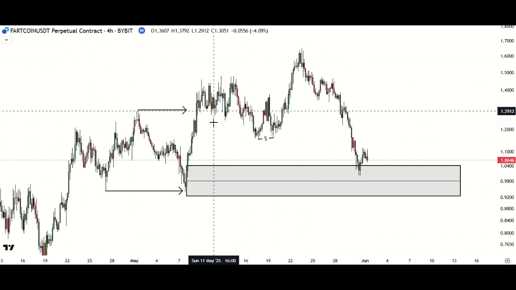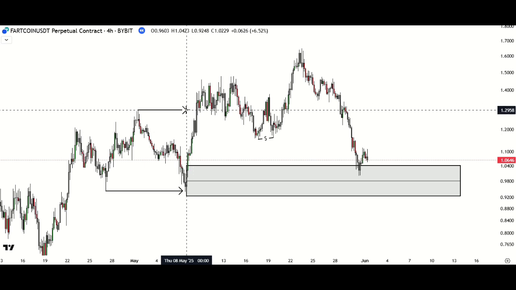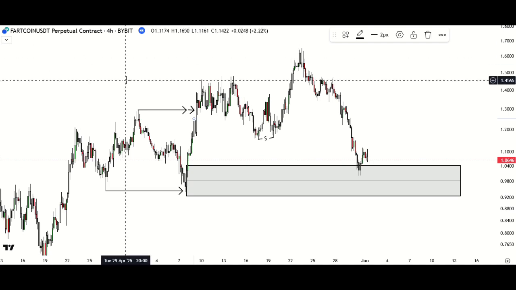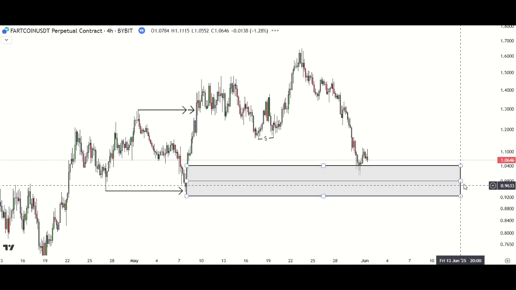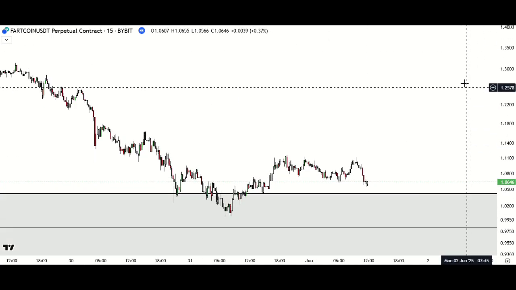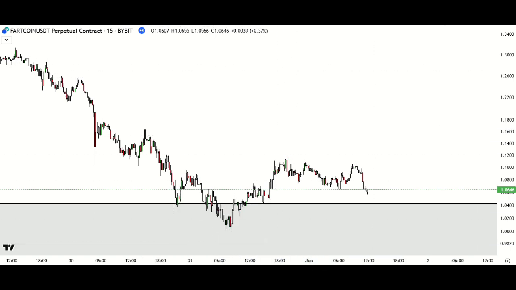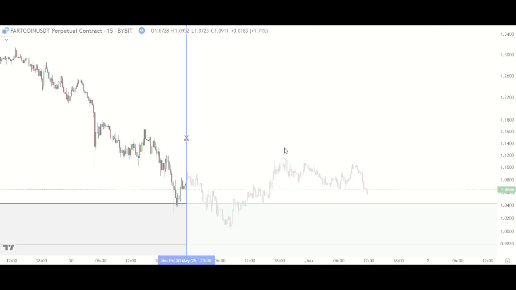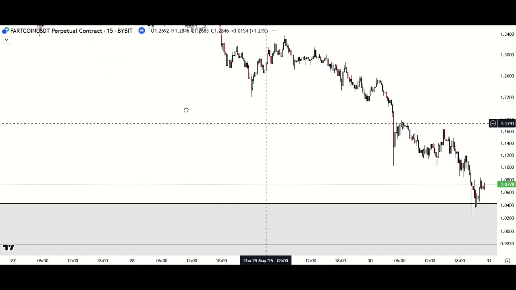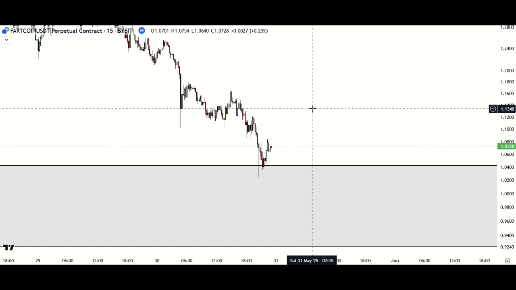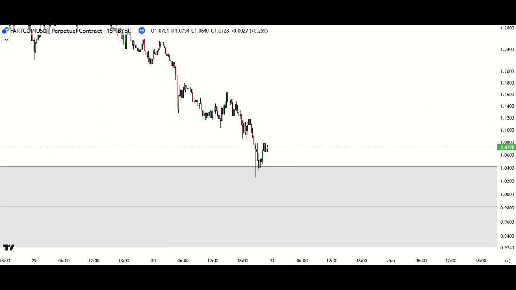So now we're on the 4-hour time frame, and now we're going to go into the lower time frame and look for a setup. So again, we're just going to look for the same exact thing we have been looking for in our previous time frames, on the higher time frames. So now what we're going to look for is a sweep. Let me write that down.